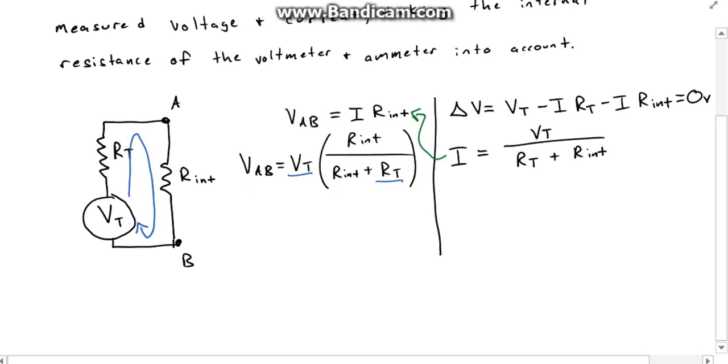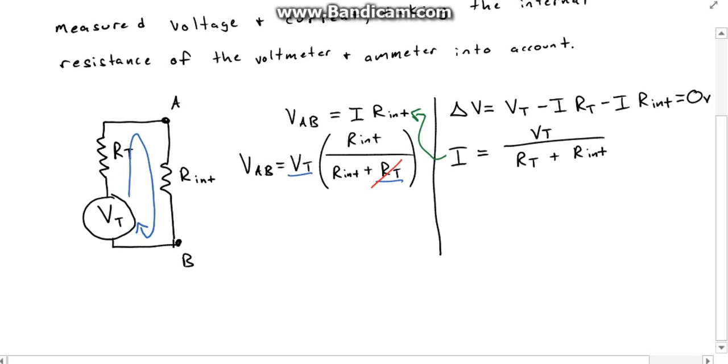The other thing I want to point out is that in the lab we consider the internal resistance of the voltmeter to be infinitely large, and I want to show you that when we take that limit, we do see that the voltage between points A and B is just equal to the Thevenin voltage. To see that, if we look at the denominator down here in this fraction, when the internal resistance becomes very large, the Thevenin resistance is comparably much smaller.